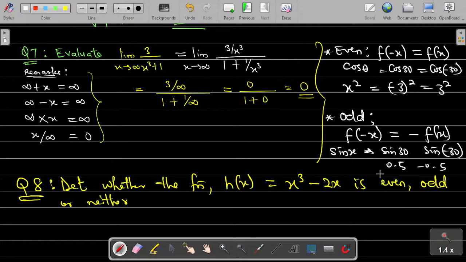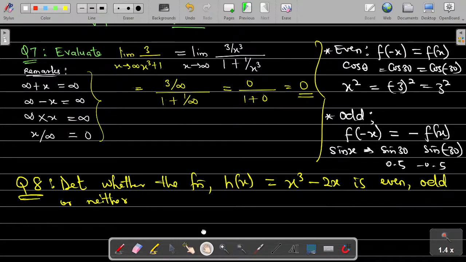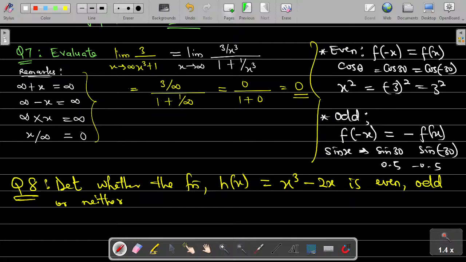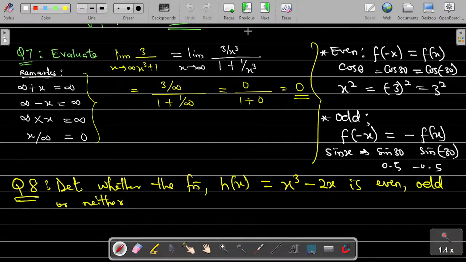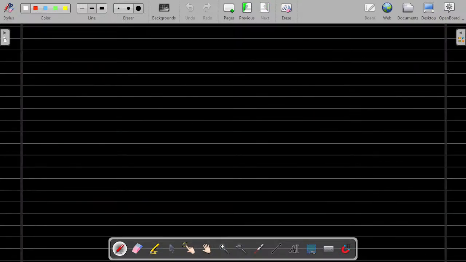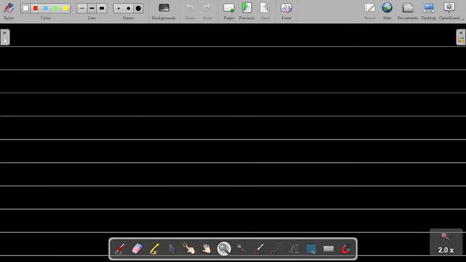Okay, and how do you know whether a function is odd? I think my board here is full. Let's go to a new page. Remember, it is h equal to s cubed minus 2x. That's what we want to check, if it is odd or even.